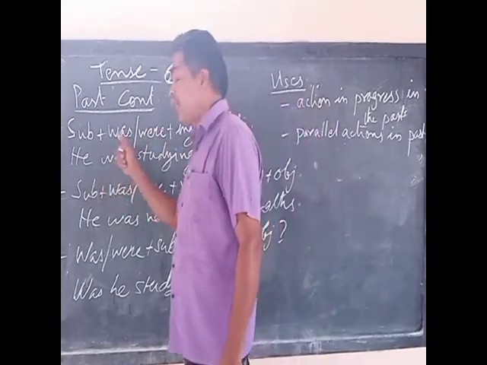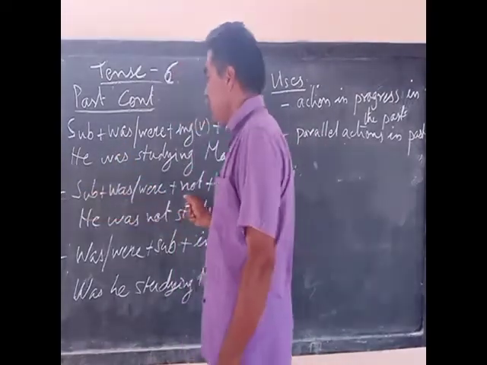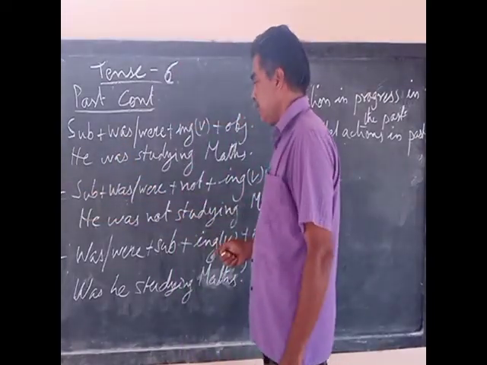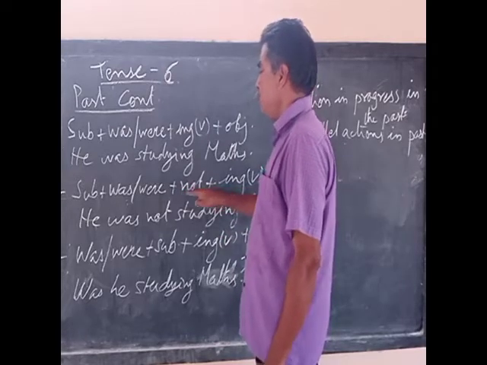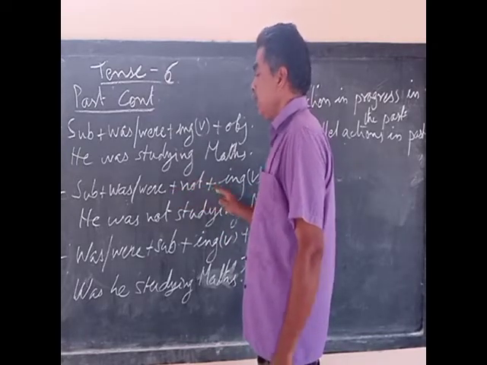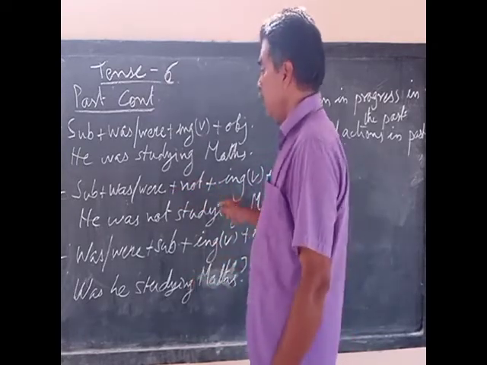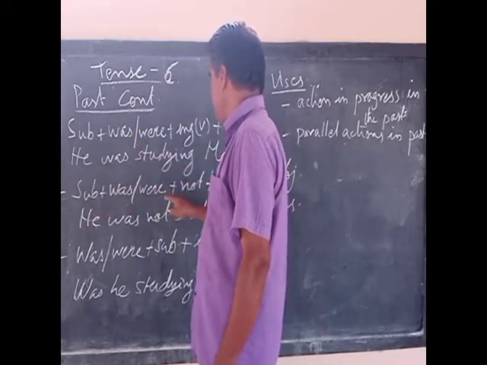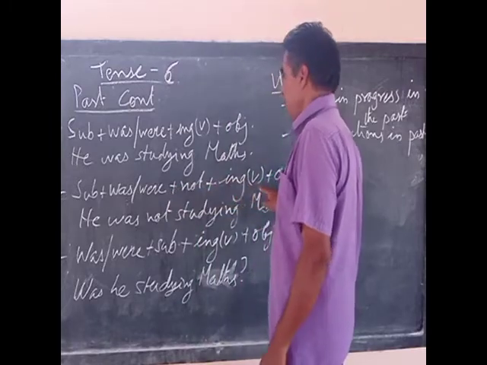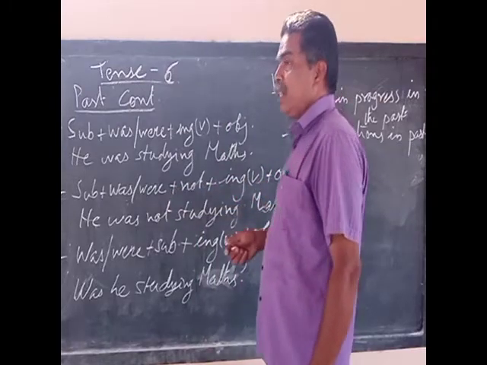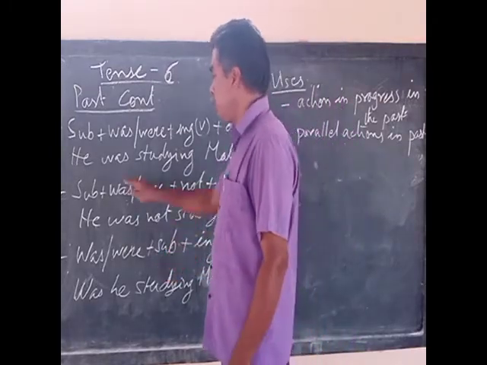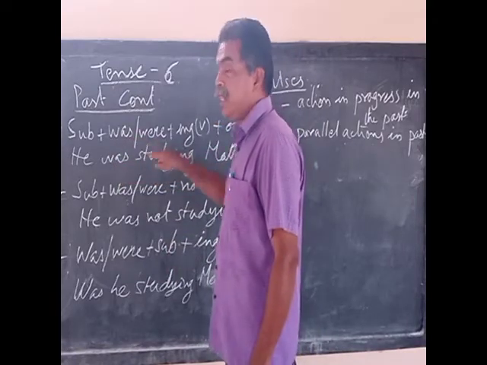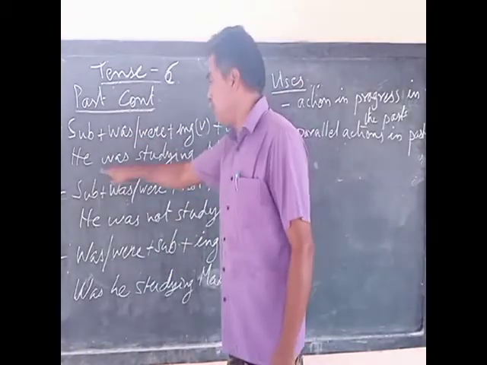Then you have the statement sentence. For the negative sentence, like in the other sentences, we have to use not between the two parts of the verb. So you have subject, was or were, as we saw here, plus not plus the ing form of the verb. If somebody asks you what the verb of past continuous tense is, you have to say was studying. That is was plus ing, so this much is the verb.